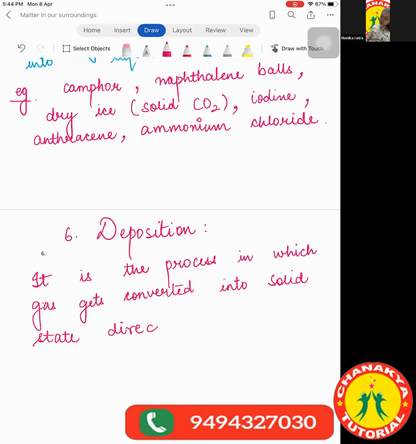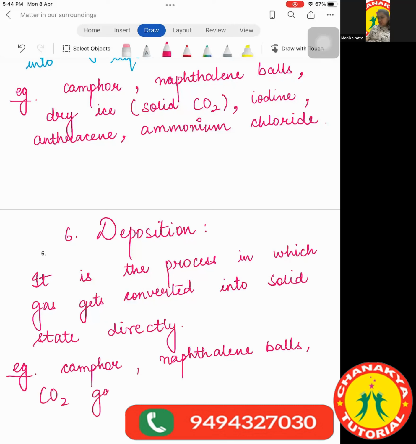Now you were asking me, ma'am, what are the examples of deposition? Children, the examples of deposition are the same as that of sublimation. Exactly same. Now you will say, how, ma'am? I will tell you first. Carbon dioxide gas over here, iodine, anthracene, and ammonium chloride.